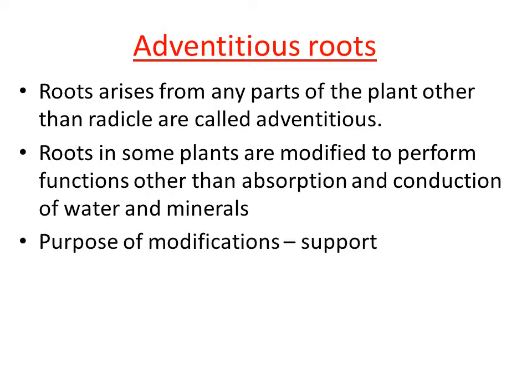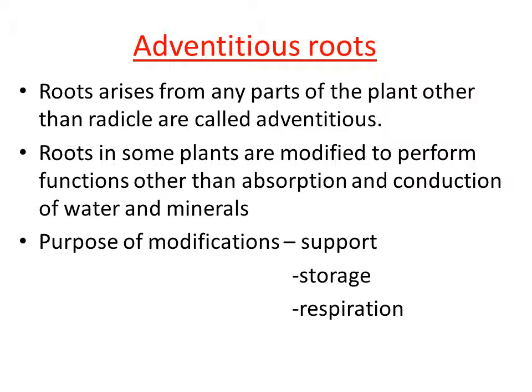It may be for support, so for giving additional support to the plant, adventitious root formation may take place in some cases. In some cases adventitious roots form for storage of food, and in some cases for respiration, to help the process of respiration. So these are the purposes of adventitious roots.